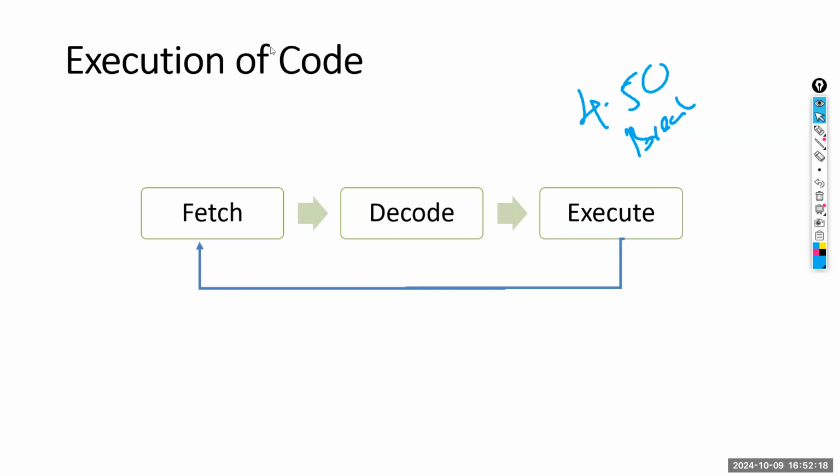Okay, so let's continue. Right. So now we look at, you know that your data is represented in 1-0 level, and that data is processed through logic gates. Okay.